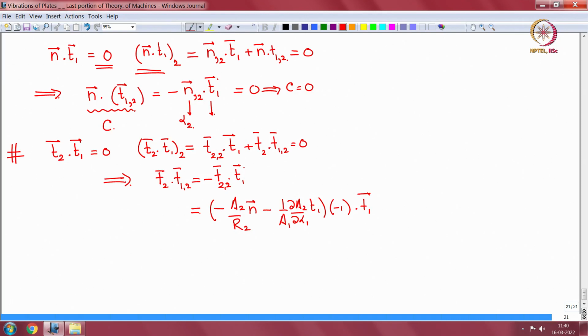Okay, and therefore my D is equal to 1 over A1 del A2 by del alpha 1, which implies that T1 comma 2 is equal to 1 over A1 del A2 by del alpha 1 T2.